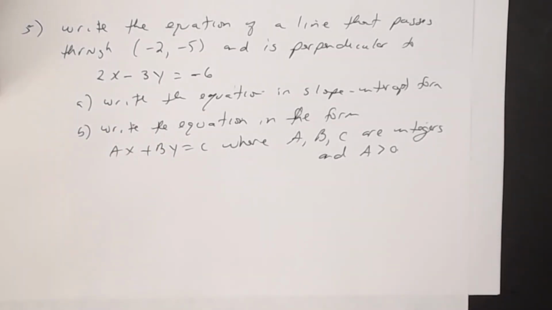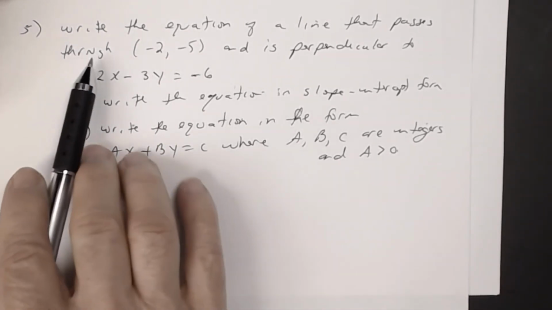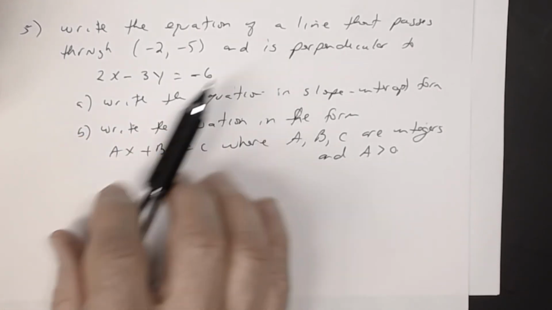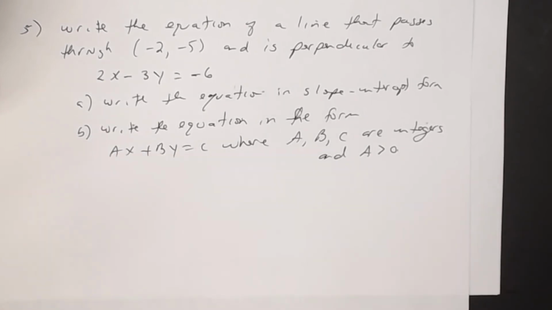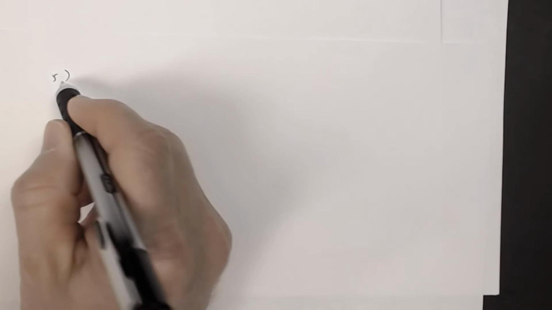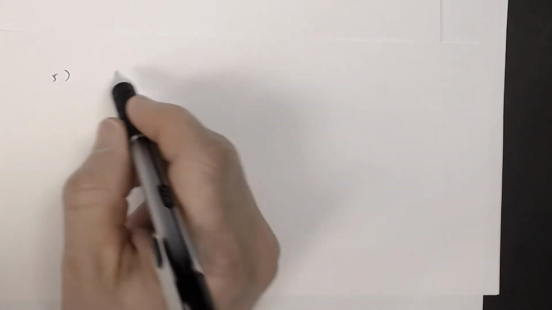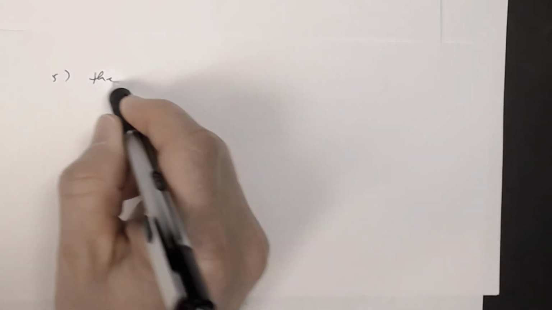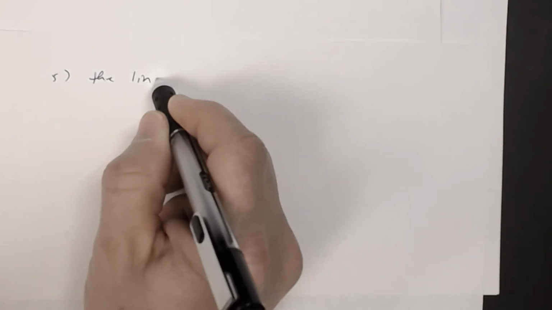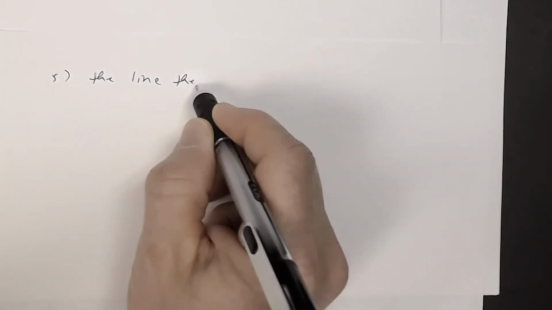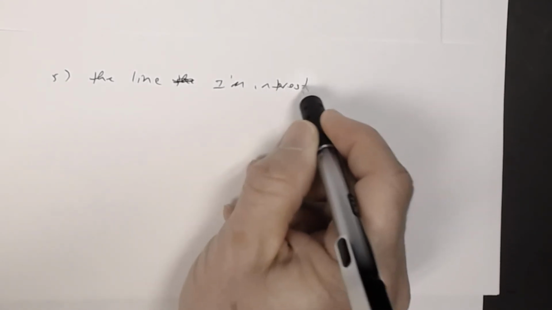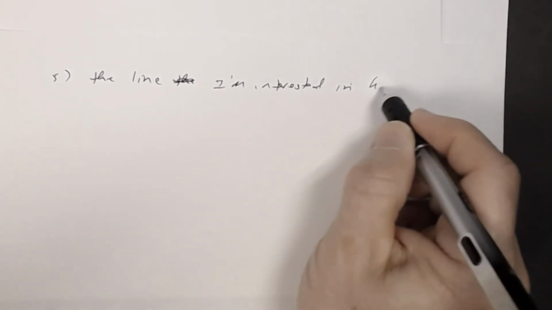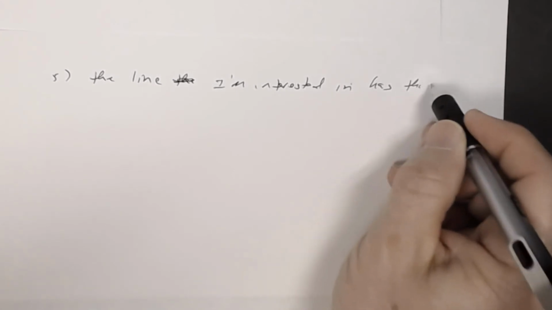So you want to write the equation of a line that contains this point and is perpendicular to the line that has this equation. Okay. So again, in order to do this, we need to remind ourselves that the line I'm interested in has this information.